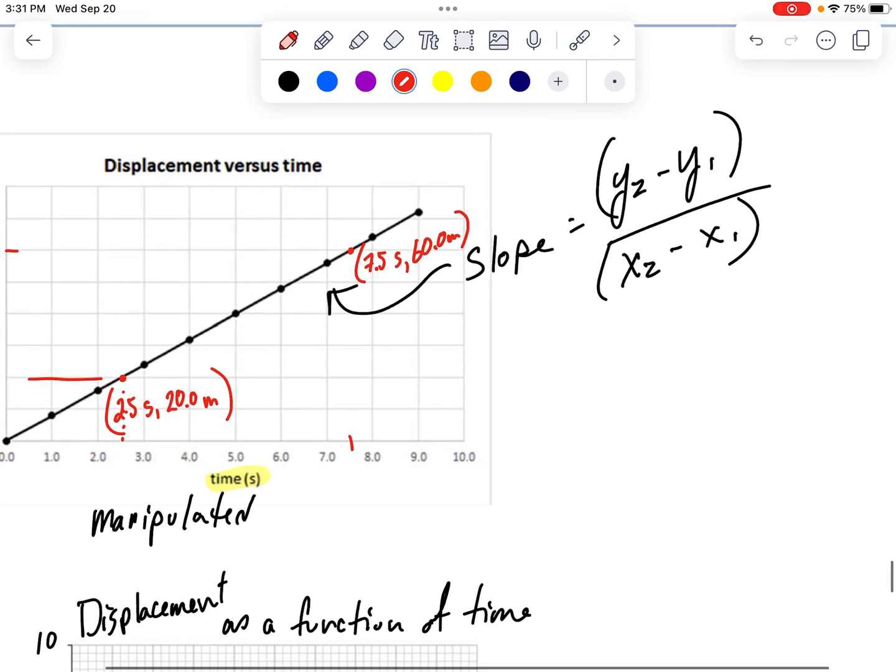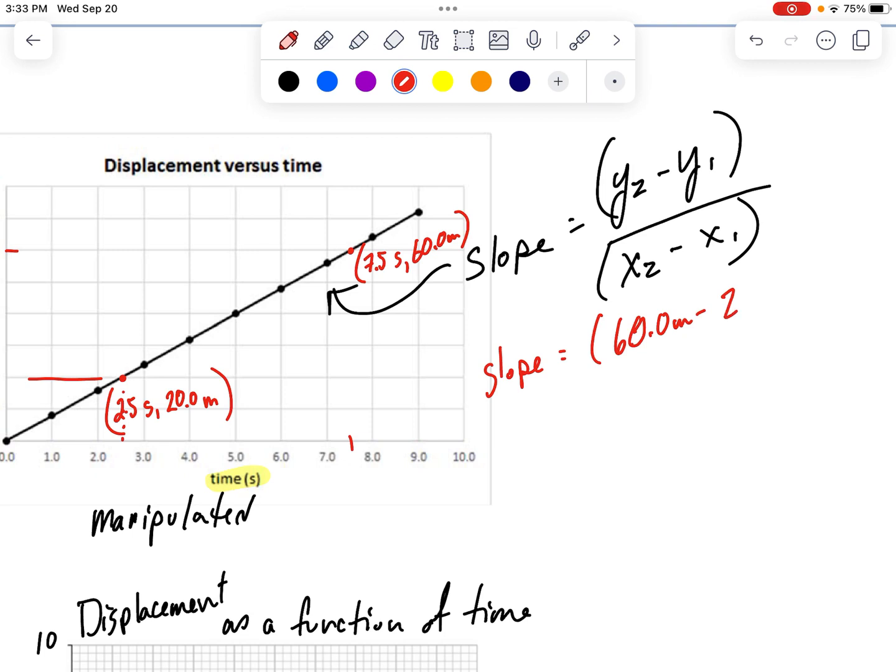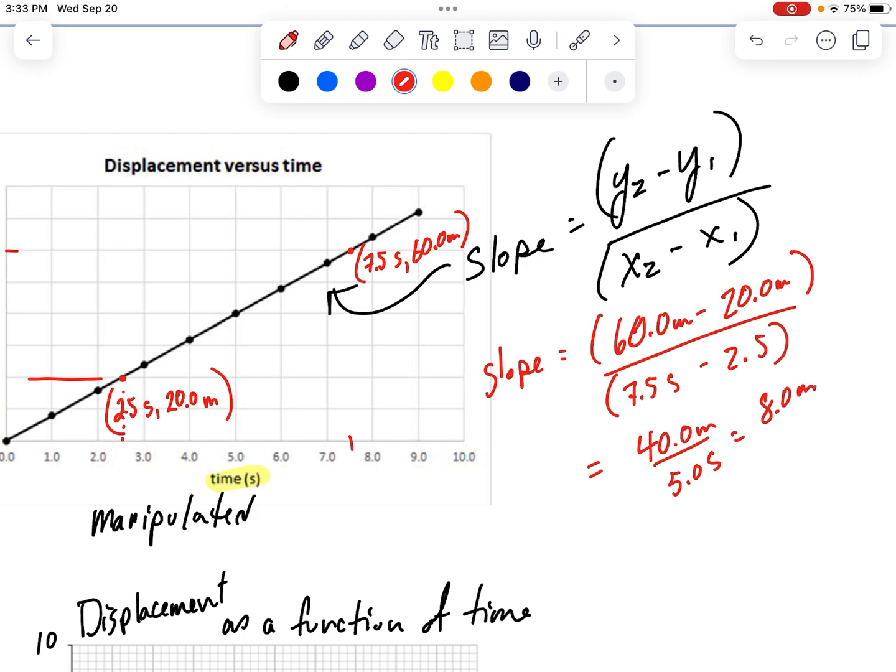To calculate the slope here, I would take my y2, which is 60.0 meters, minus my y1, which is 20.0 meters, and divide it by my x2, which is 7.5 seconds, minus 2.5 seconds. I'm going to get 40.0 meters going west divided by 5.0 seconds. This will be 8.0 meters per second.